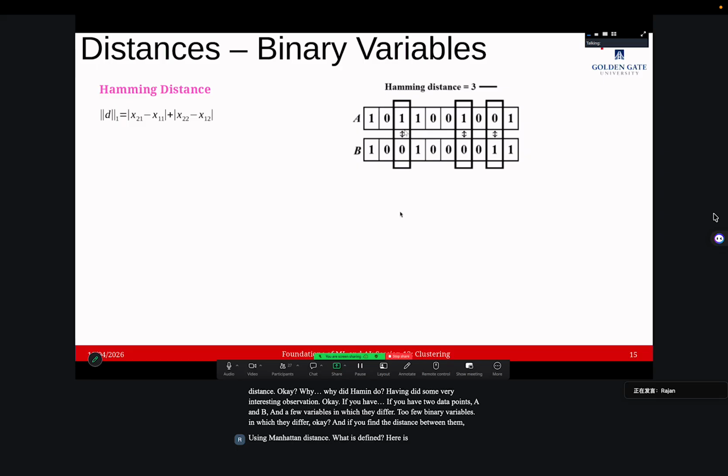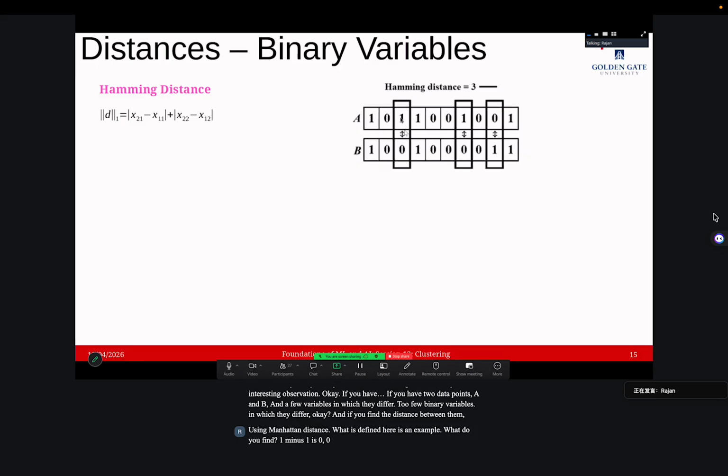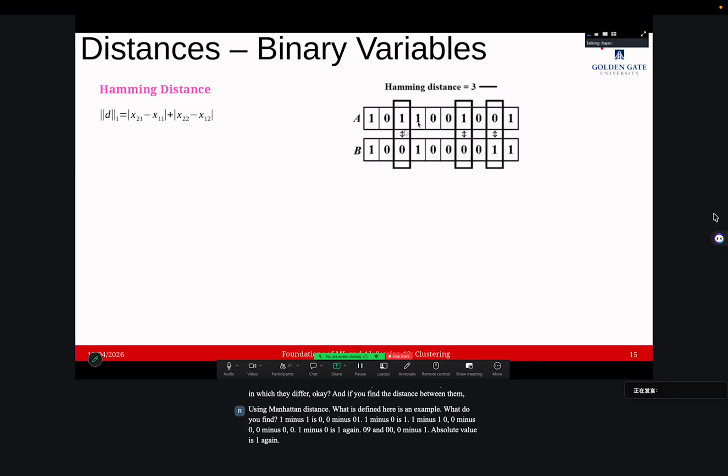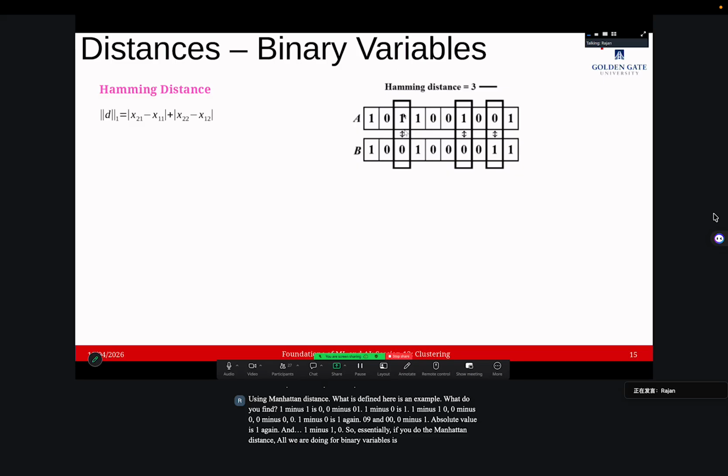Here is an example. 1 minus 1 is 0, 0 minus 0 is 0, 1 minus 0 is 1, 1 minus 1 is 0, 0 minus 0 is 0, 0 minus 0 is 0, 1 minus 0 is 1 again, 0 minus 0 is 0, 0 minus 1, absolute value is 1 again, and 1 minus 1 is 0. So essentially, if you do the Manhattan distance, all we are doing for binary variables is counting on how many of these variables these two data points are different. In this example, these two data points are different on 3 variables.